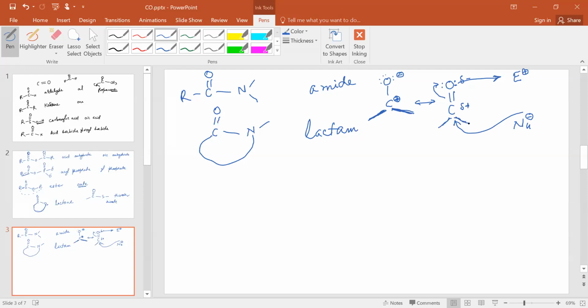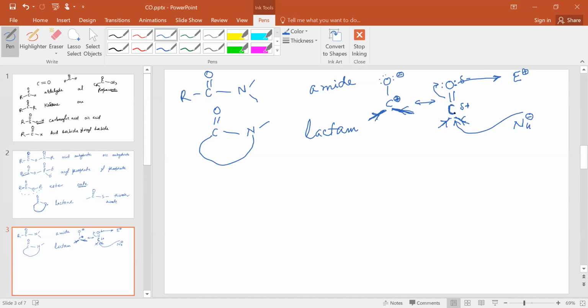If they can donate electrons, what will happen? They will neutralize this charge on carbon. Okay, electron donating will neutralize the charge on carbon.